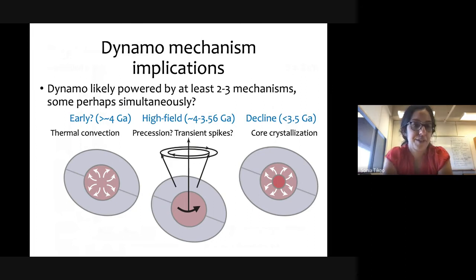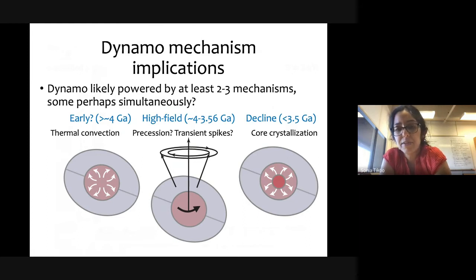Early on in lunar history, whenever the lunar core was able to cool efficiently, you could certainly have a dynamo powered by thermal convection, but it's been really hard to get a convective dynamo to have sustained strong fields all the way through about 3.5 billion years ago. So if you're going to sustain a very high field for that amount of time, you probably need a different type of power source, such as the precession dynamo. And so that is a strong contender for the high field period of the moon.